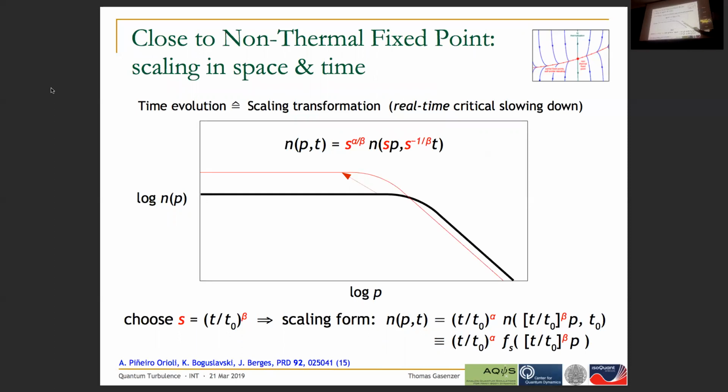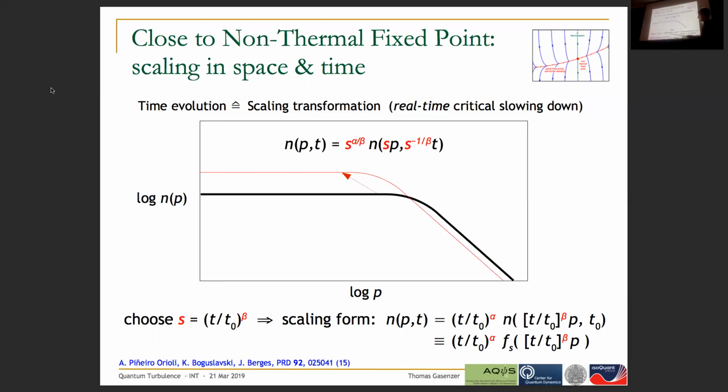So I can write this rescaling using this typical scaling form, where I have a scale parameter S which rescales the momentum scale, the spatial scale, with an additional exponent. It also rescales time, and with a second exponent alpha, it rescales the overall distribution. So in this case, upwards.